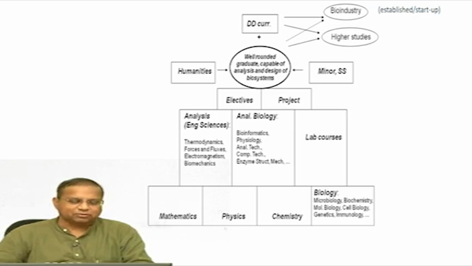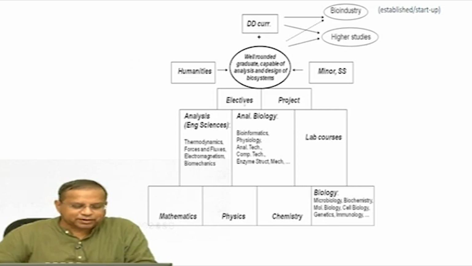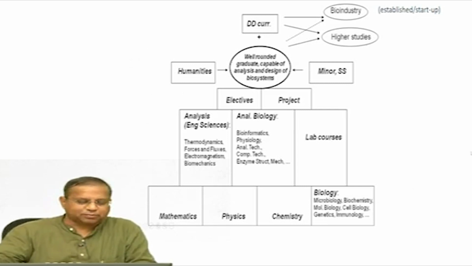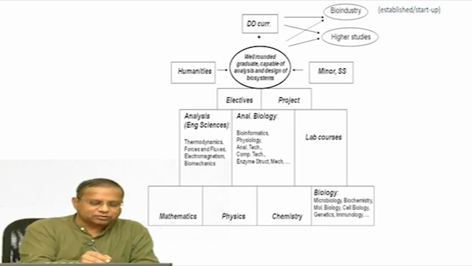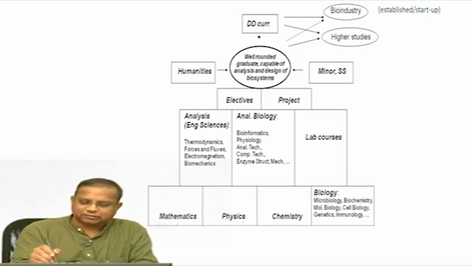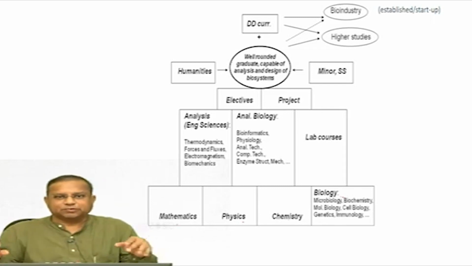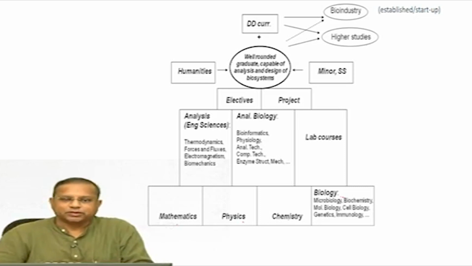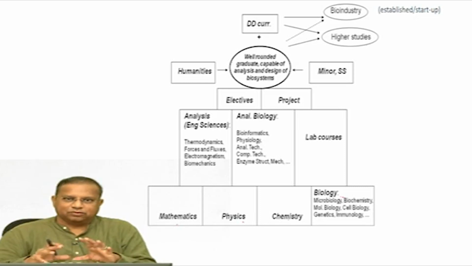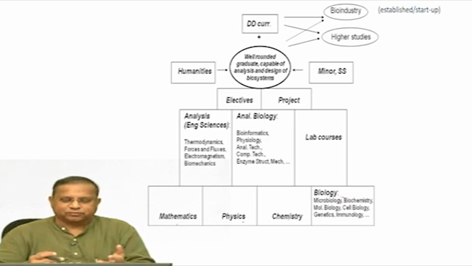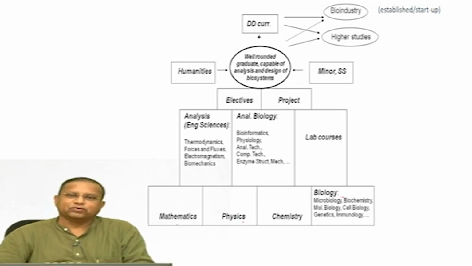Initially, we start out by providing you with a base in mathematics, physics, chemistry and biology. This provides the base for you to pick up the various things. This is provided through either the material at the higher secondary school level or the first year engineering level.